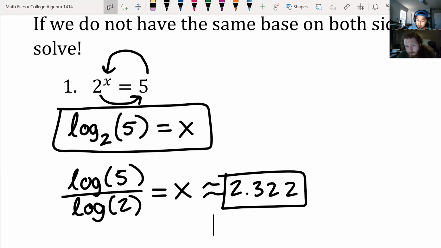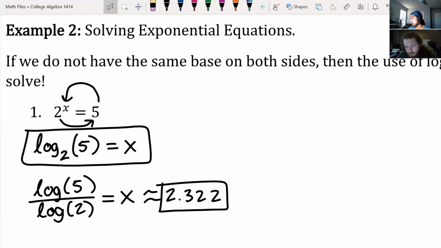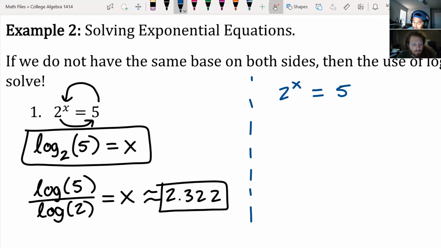Okay. All right. So there's always another way to solve these. So what we can do here, again, here's option 2. We'll start all over again. I'll say 2^x equal to 5. And what I'm going to do is apply the log to both sides. So this means I'd say log of 2^x equals log 5.